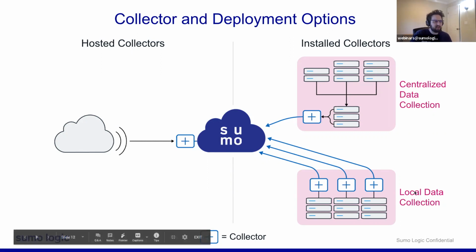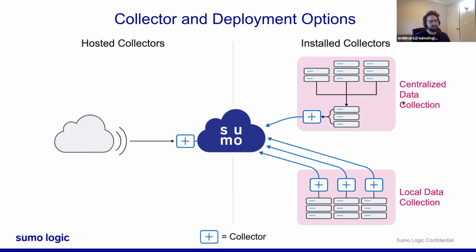Let's do the centralized data collection method first. Here you have a bunch of different machines that are producing data. What you can do is install the collector somewhere in your environment, or multiple collectors. Many of our customers have hundreds, thousands of collectors. But install the collector somewhere in your environment. The collector will collect a lot of data and then send it to Sumo Logic.